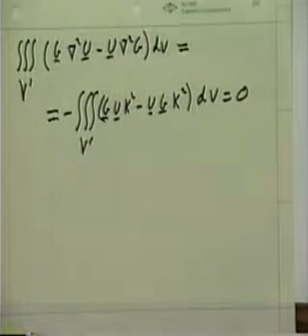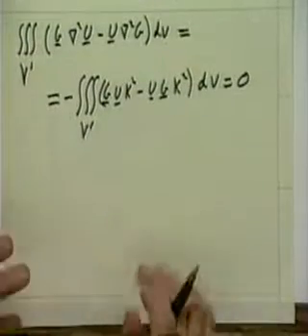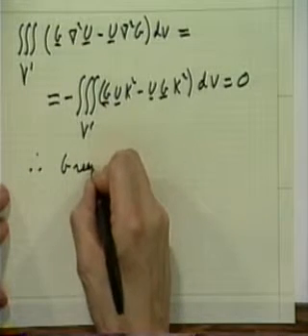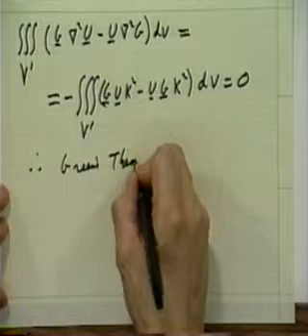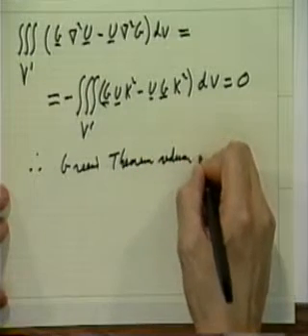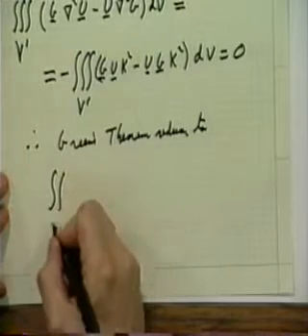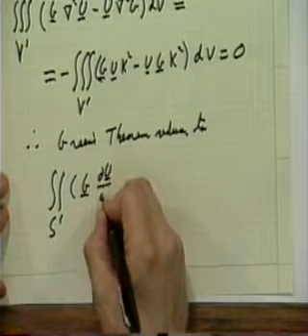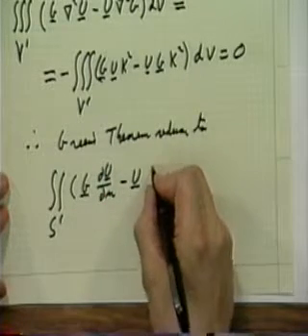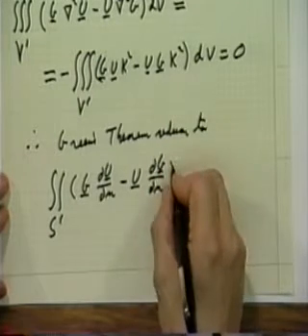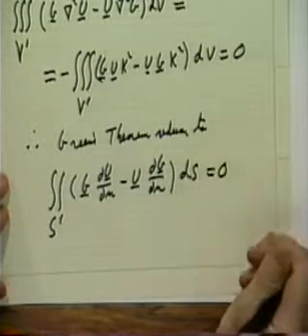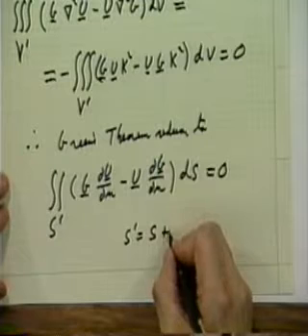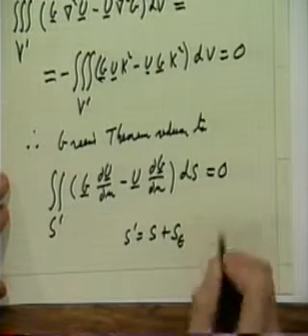So that's kind of interesting. Now this messy Green's theorem becomes the integral over S prime of G partial of U with respect to N minus U partial of G with respect to N dS is equal to 0. And remember, just so we don't forget, that S prime was S plus this little S sub epsilon.